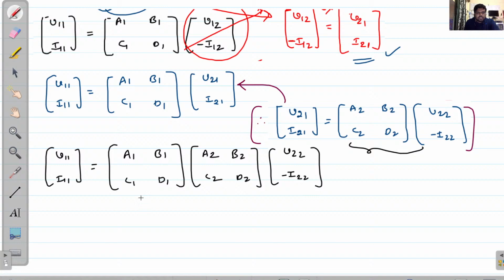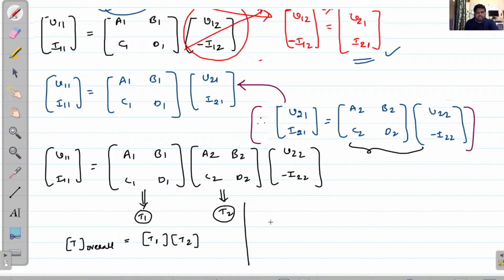This is related to the T1 two-port network, and this is related to the T2 two-port network, right? So T overall equals T1 into T2.